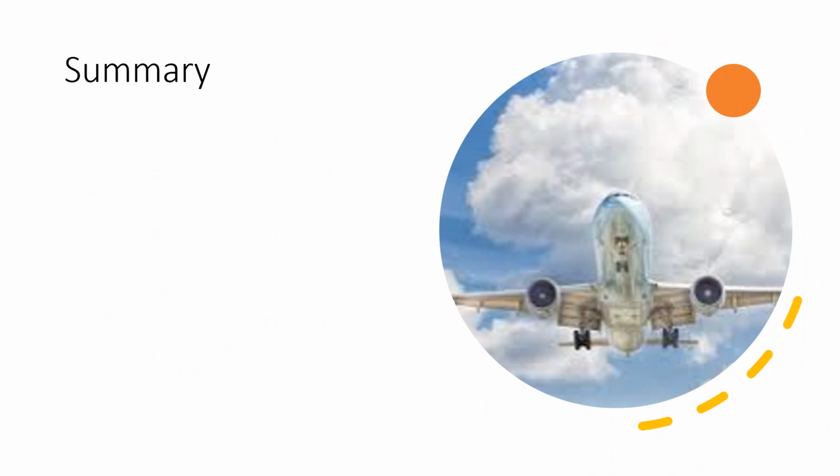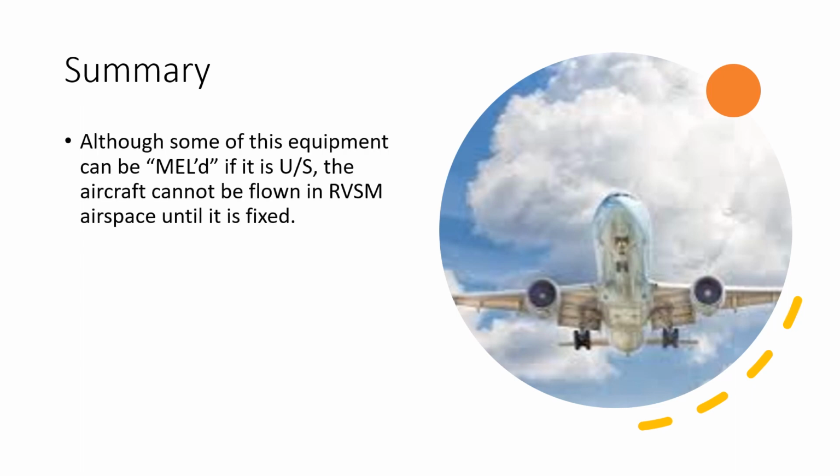So although some of this critical equipment can be MEL'd, if it is U/S, the aircraft cannot be flown in RVSM airspace until it's fixed. Now that's fine, but bear in mind from an ops perspective, there will no doubt be a fuel penalty to pay because the aircraft have to fly at lower levels.